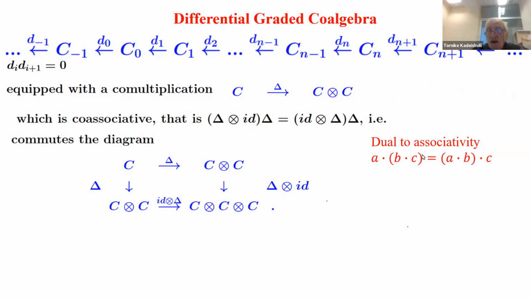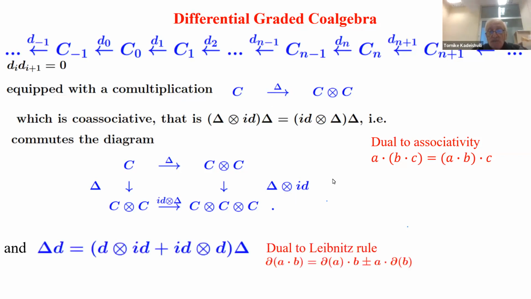For example, associativity is (AB)C equals A(BC) for algebra. What is associativity of a coalgebra? It is not easy to write it this way, but it is commutativity of this diagram.